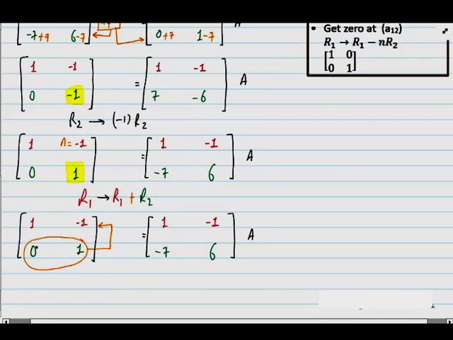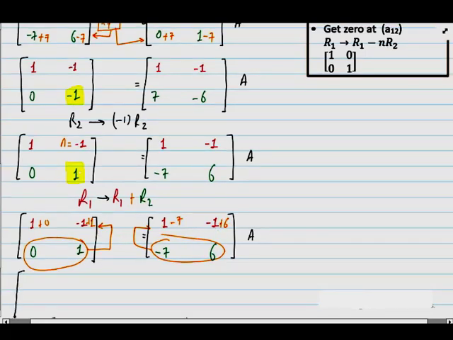So it will become 1 plus 0 and 1 minus 1 plus 1. And same thing we have to do with the second matrix. So let's add minus 7 and plus 6. Then finally, after simplification, we will get 1, 0, 0, 1.